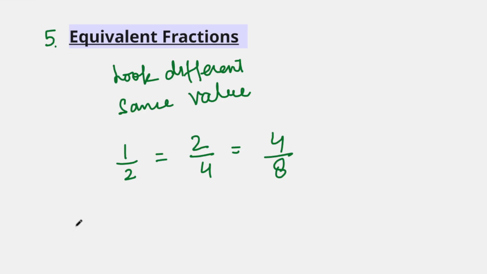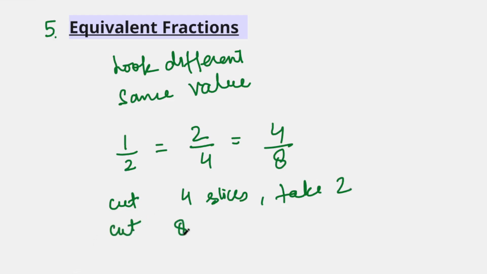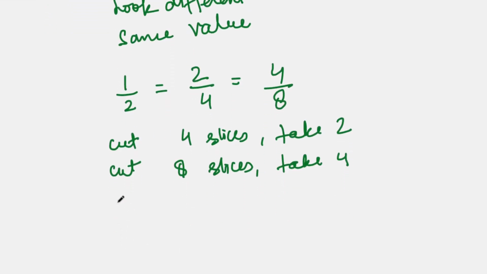Now let's understand this with our pizza example. We have a pizza, correct? Cut your pizza into 4 slices and take 2 out of it. Another thing you can do, cut 8 slices and take 4, or cut the pizza into 2 slices and take 1 out of it.